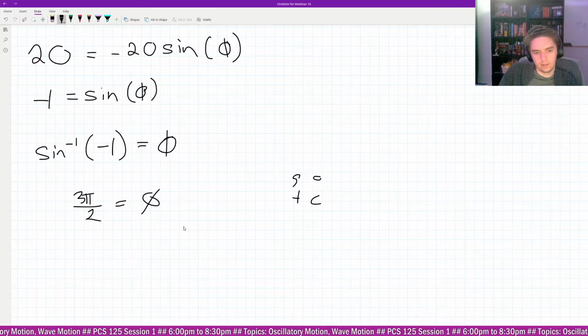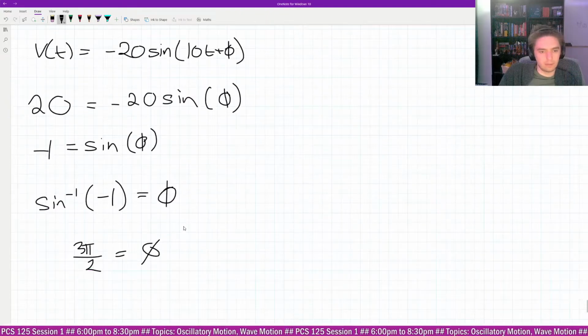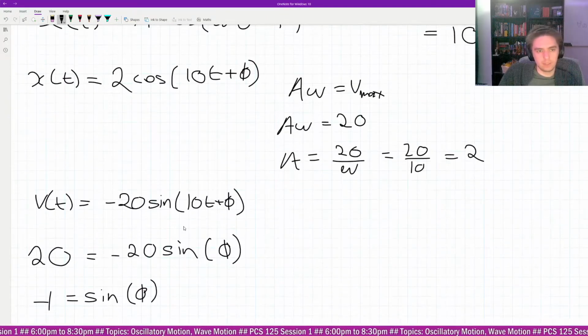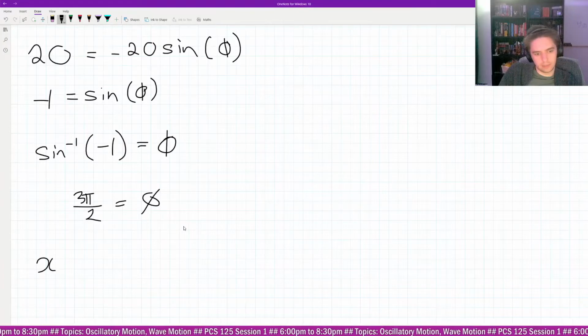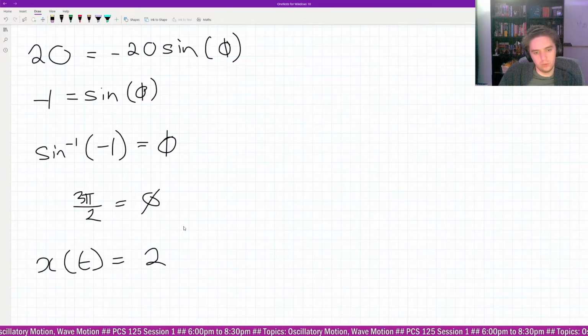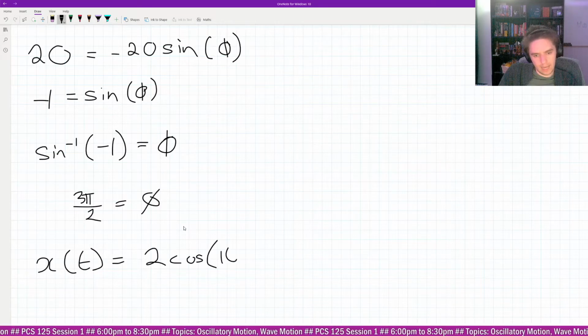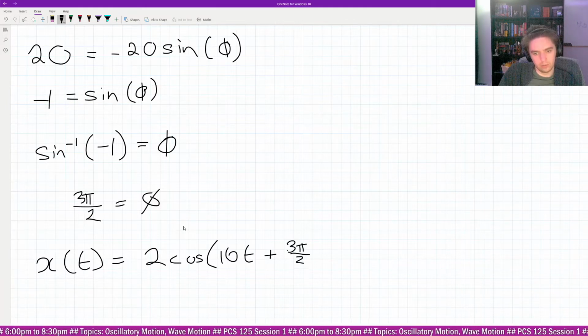Yeah, it makes sense. That's what it would have to be. So then there you go, that's our x as a function of time. So that's 2 cos(10t plus 3 pi over 2).